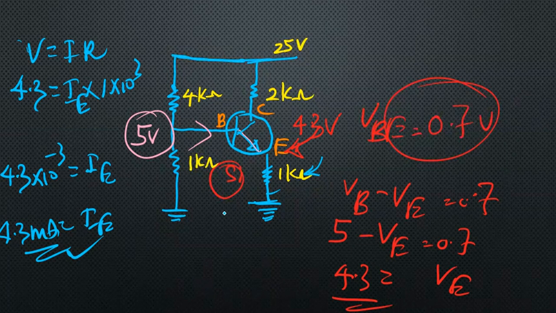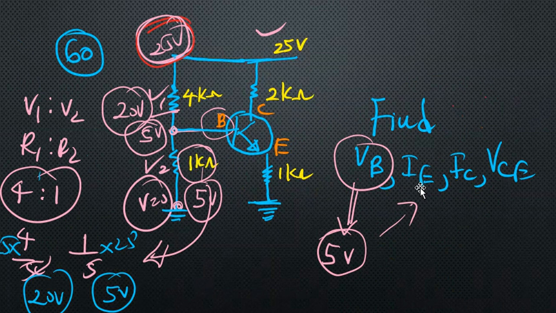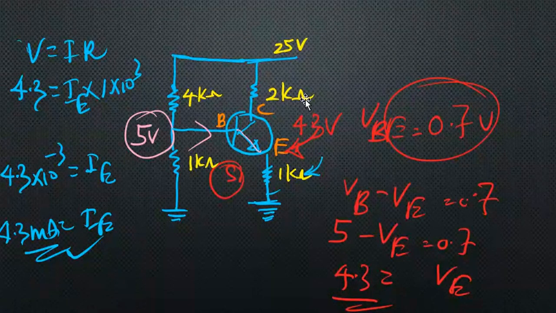Right. Moving into IC. The question also asks us for IC. Now, small problem. To find IC, let's see what equations we know. IE equals IC plus IB, and beta equals IC over IB.